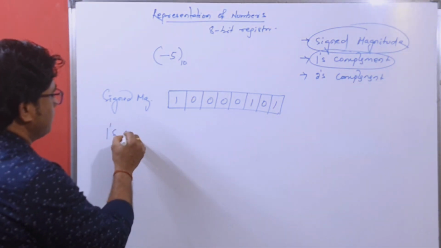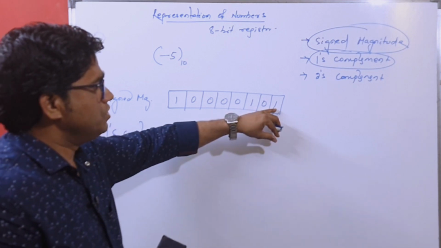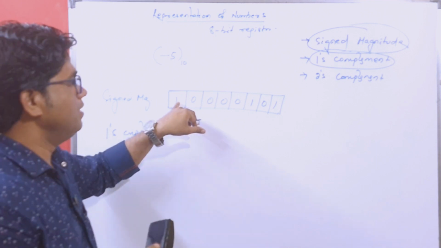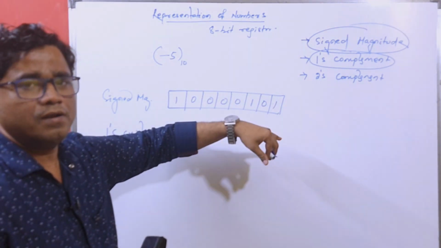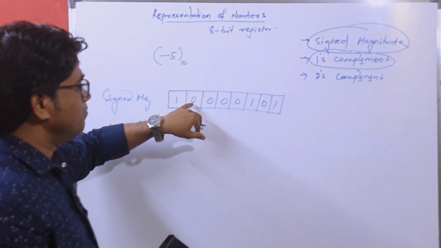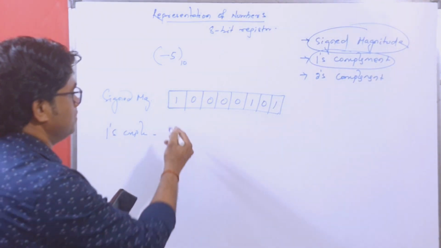And what is the 1's complement technique? You simply subtract each digit from 1, except the sign bit. The sign bit is never complemented. The simple technique is that you just convert each 0 into 1 and each 1 into 0.